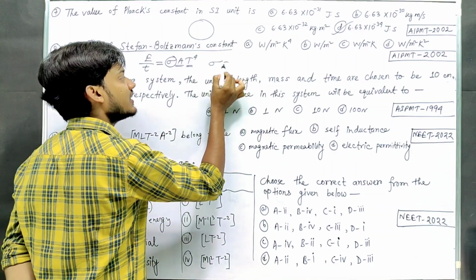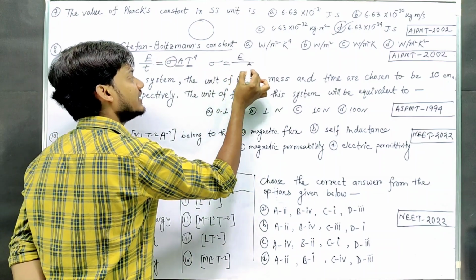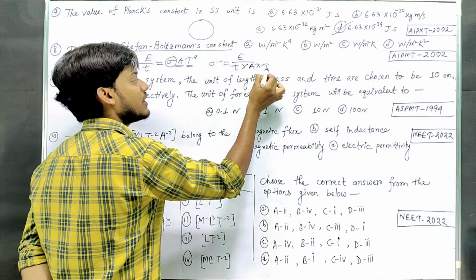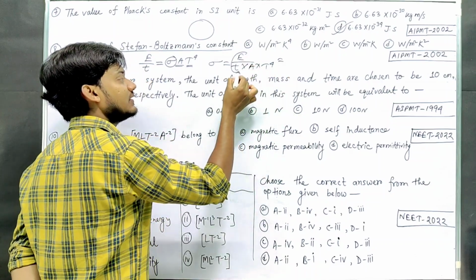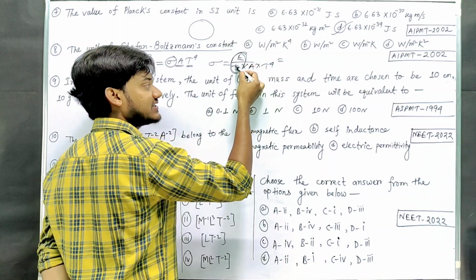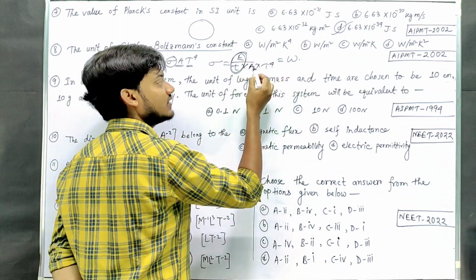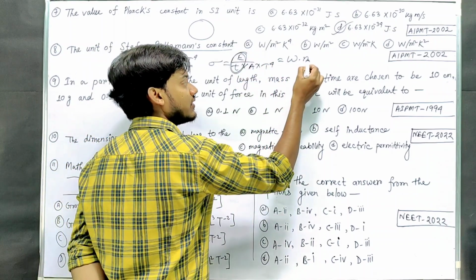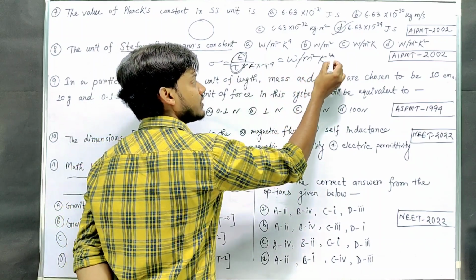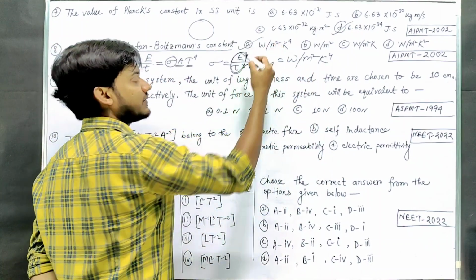So sigma equals E by t A T to the power 4. E by t is joule per second, area is meter square, temperature is Kelvin, Kelvin to the power 4. So the right answer is option A.